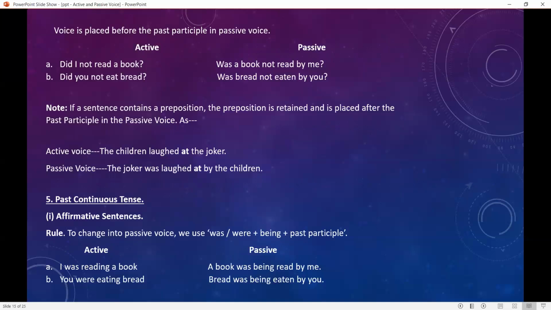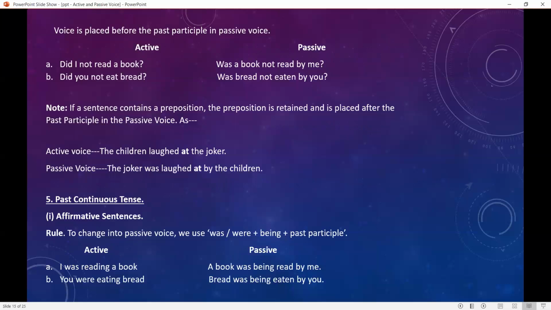And there is one note to be observed and carefully learned. If a sentence contains a preposition, the preposition is retained and is placed after the past participle in the passive voice. For example, under active, the children laughed at the joker. Do you understand the place of at there, the preposition used?